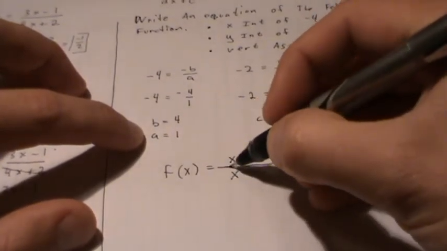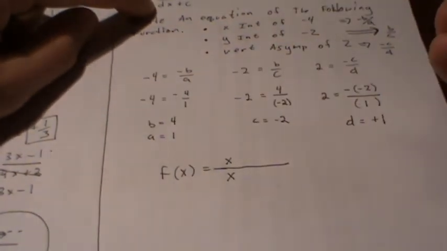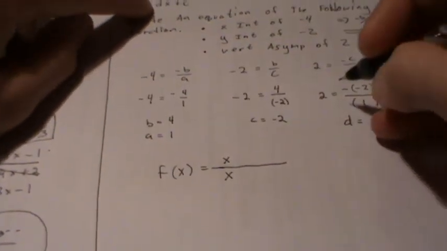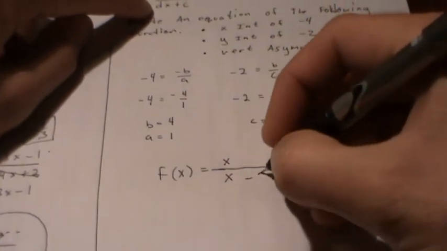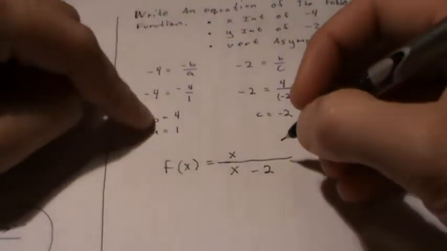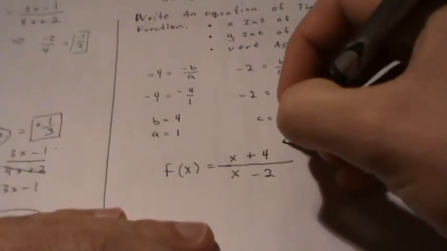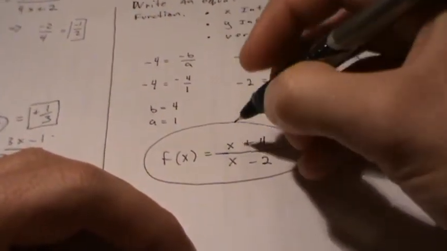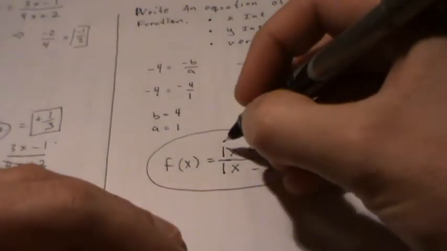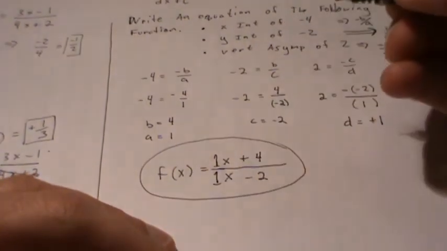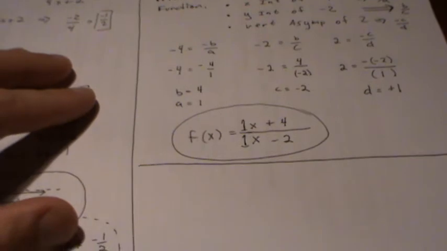My a value goes here. My d value goes here, it's also 1. My c value goes here, negative 2, and my b value goes here, plus 4. So this is my function. Remember, we have a 1 here and a 1 there. And so there we have it.